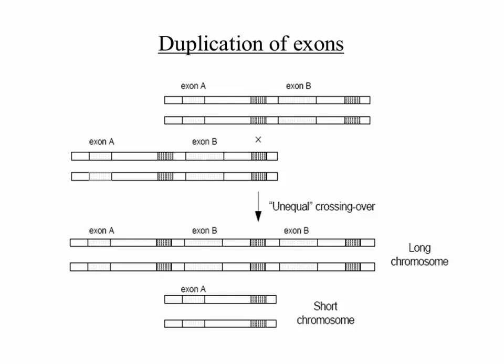Now, one more important thing to note here is that for eukaryotic genes, you have coding and non-coding regions. So if there is a crossover in the non-coding region, even if something got messed up, even if some nucleotides got lost, nothing is going to happen. You will still have a functional gene.